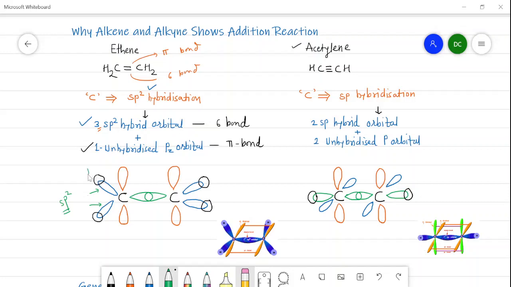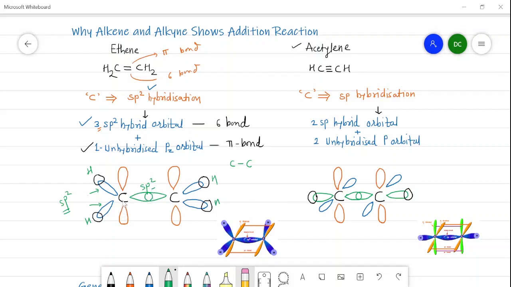This is the orbital of hydrogen, so there is a sigma bond formation, and one sp2 hybrid orbital is used to form the sigma bond between the two carbons. Similarly, in this carbon, it uses 2 sp2 hybrid orbitals to form a bond with the hydrogen, and one is utilized in the carbon-carbon sigma bond formation.